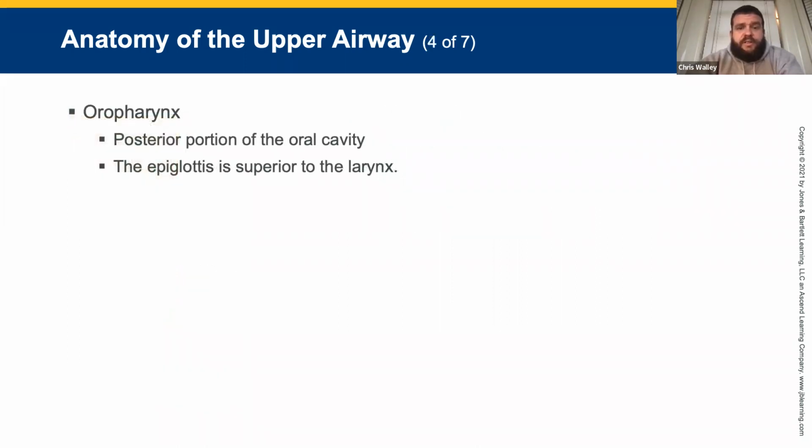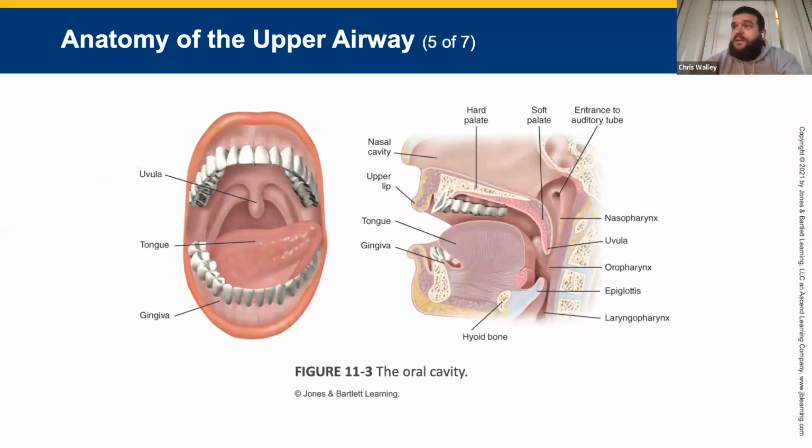So the oropharynx is the posterior portion of the oral cavity. Just to show you a better picture so it breaks it down a little better. The epiglottis is superior to the larynx, and this helps prevent food and liquid from entering the larynx during swallowing. Looking at this, now you understand. So here's your uvula, your tongue, your teeth and your gums.